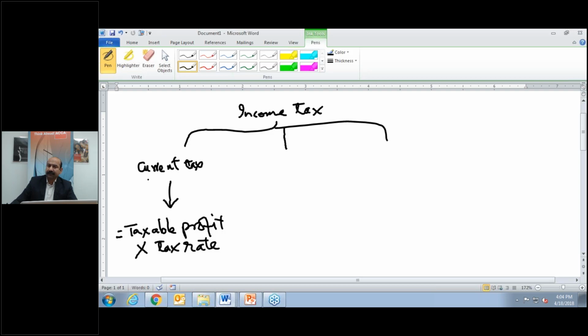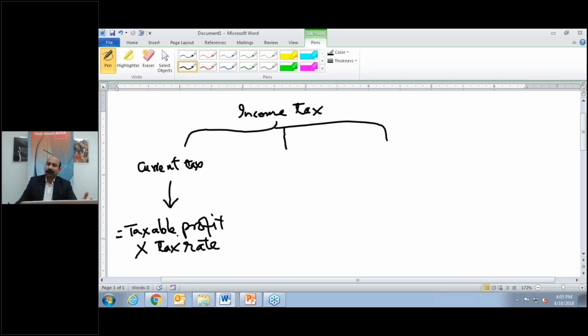Okay, this is the current tax. This means you are hearing me. What is current tax? Simply taxable profit into the tax rate. What is taxable profit? Profit as per the tax law or as per the taxation principles.